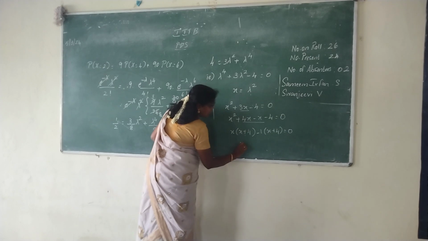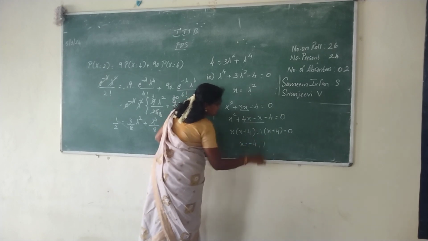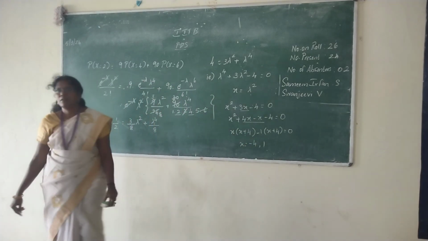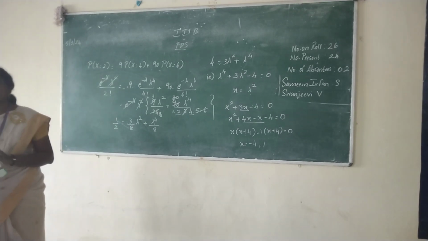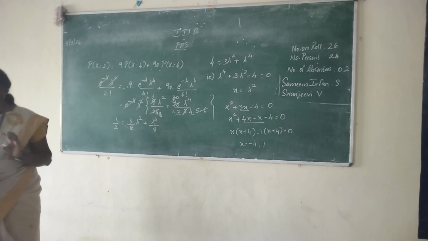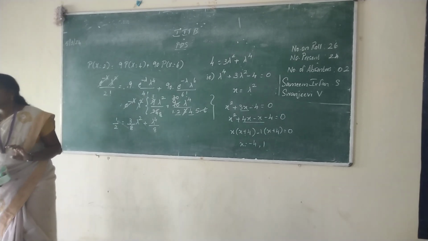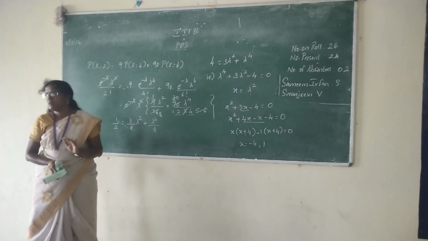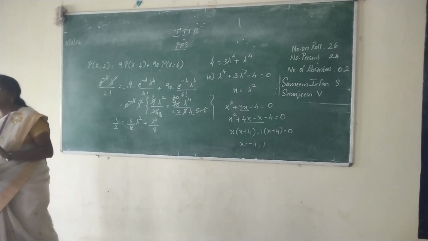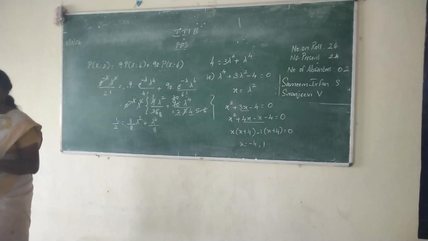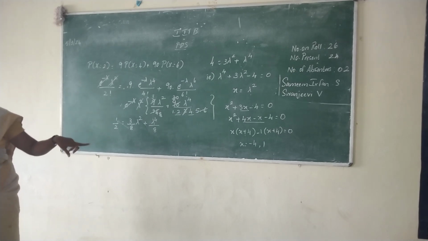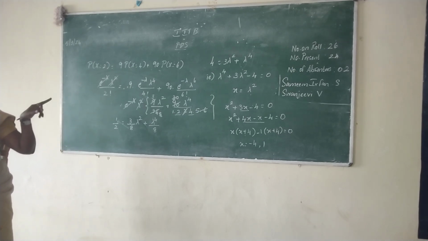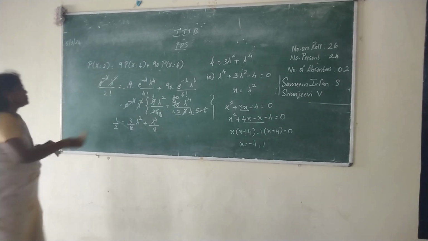So you get your x values to be minus 4 and 1, from x plus 4 into x minus 1. Okay, this is only x now. What are you supposed to find? Lambda. So what is x? Lambda square. So this is the answer for lambda square. From that lambda square, we will find what is the answer for lambda.